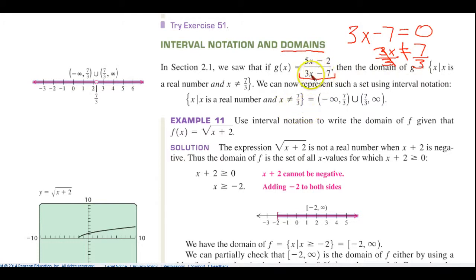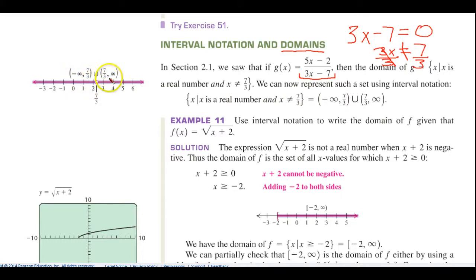So that's why this little tiny fraction right here on the number line, remember this is 2 1/3, 3 goes into there twice with 1/3, which is right there.